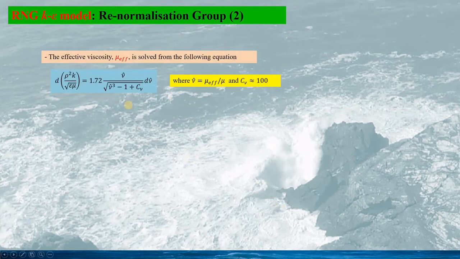The effective viscosity mu EFF can be solved from the equation as this, and mu hat is calculated as mu EFF divided by mu. And here C V is given as 100.